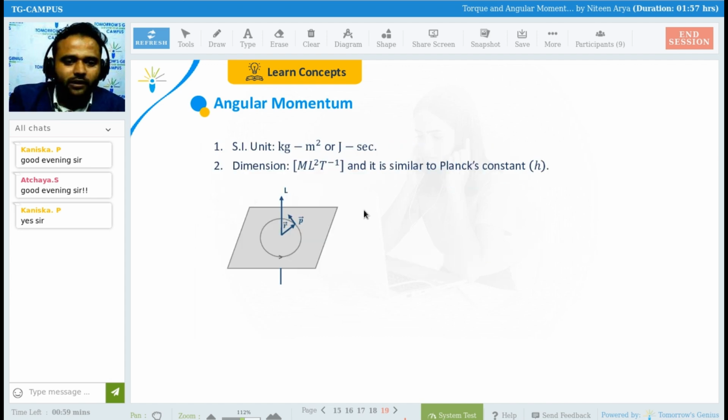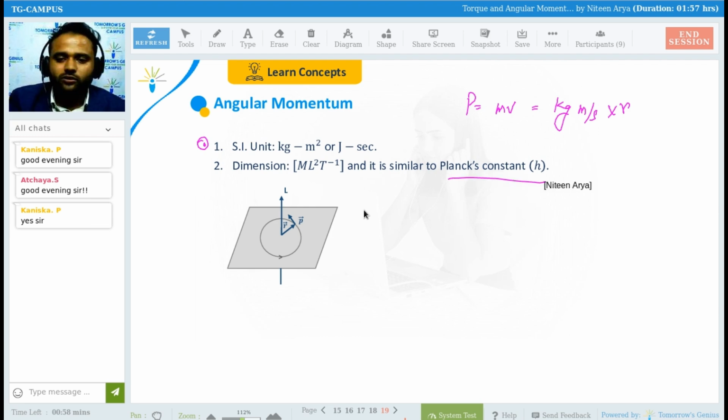Moving ahead, as we know, momentum P is mass into velocity, that is kilogram into meter per second, and I am multiplying by R also. So that is kilogram meter square per second, that is joule into second also. The dimension is ML^2T^-1, and that is very easy.